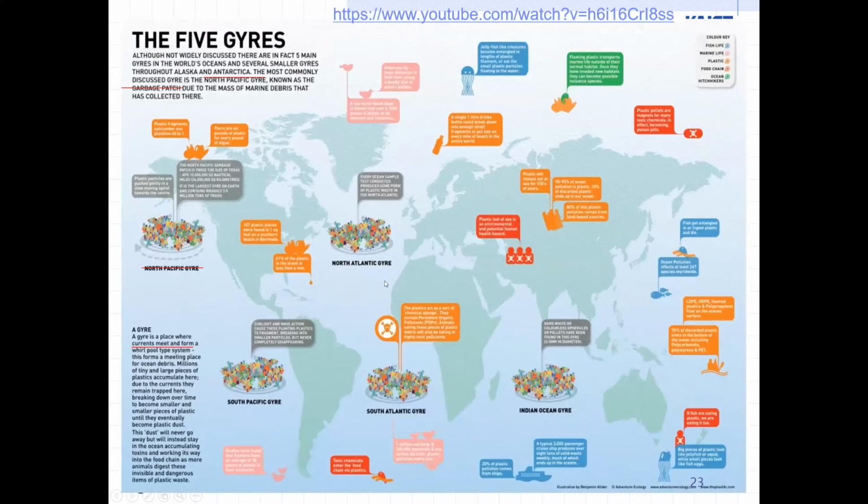And because of it, you may have heard about ocean garbage. There are 5 big ocean garbage areas generated by eddies, and we call those 5 gyres.